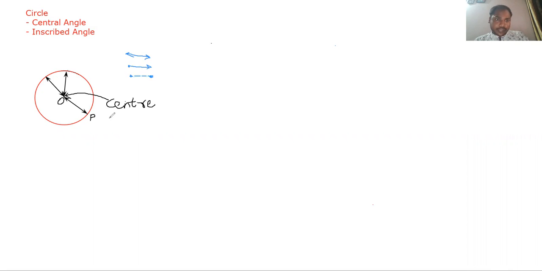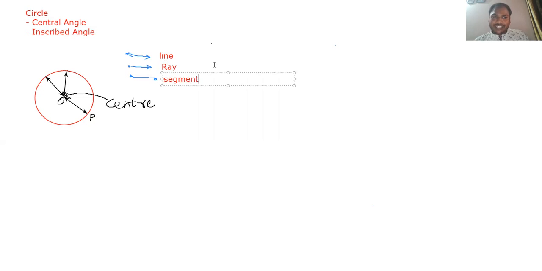This is a straight line which has two endpoints. Sorry, this one is the line, the second one is the ray, and the third one is known as the segment.